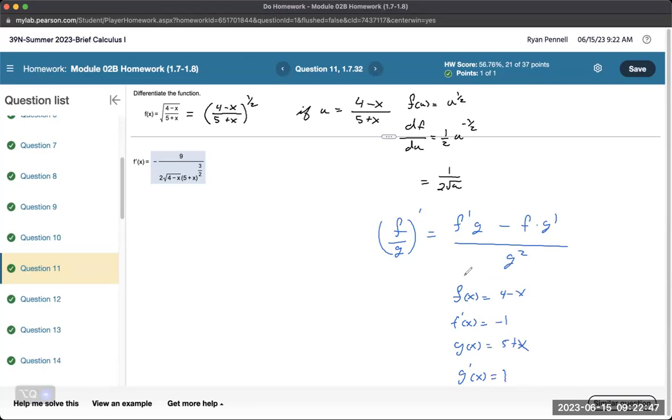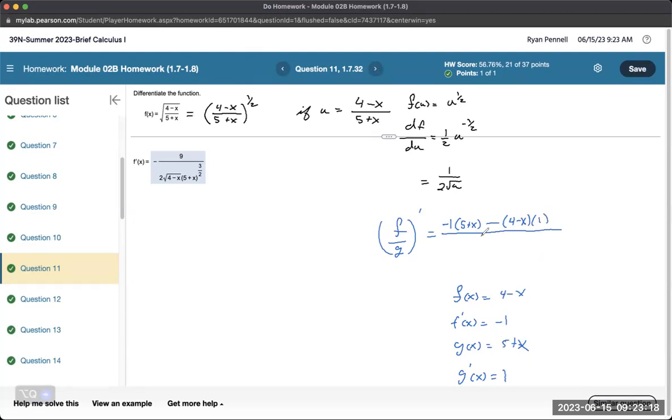All right, so can we build our quotient rule? The first one is f prime, which is -1, times the original g, 5 plus x, minus from the formula, 4 minus x times g prime, which is just 1, that's no change.